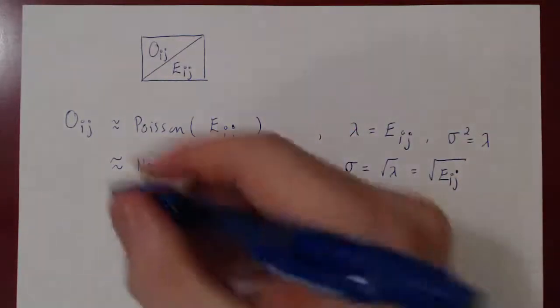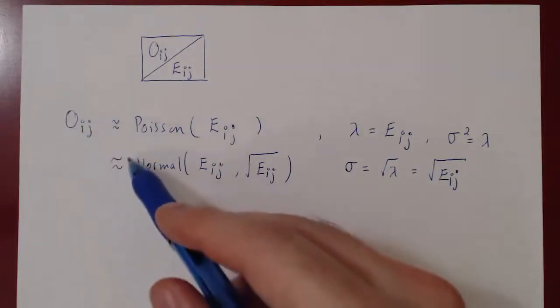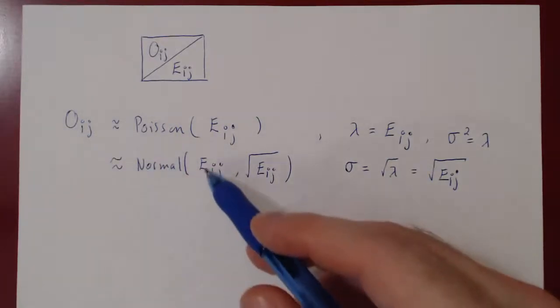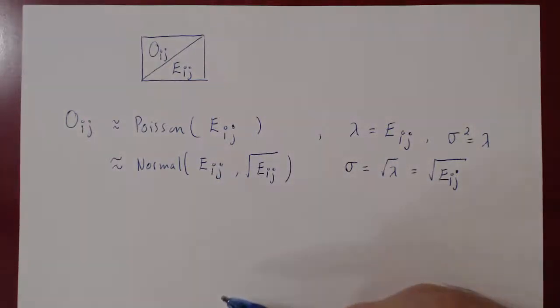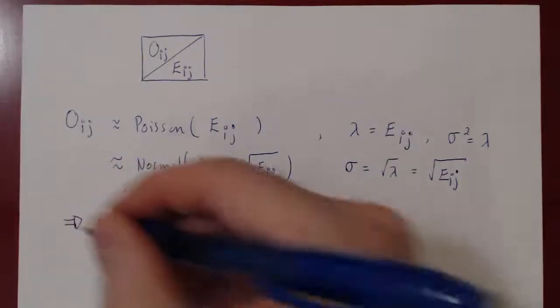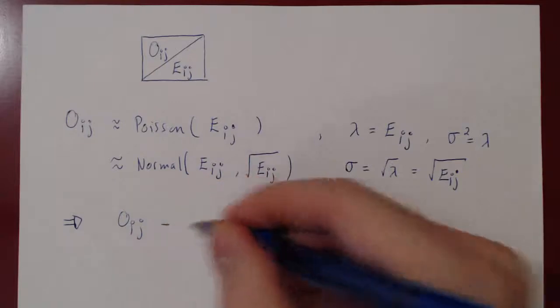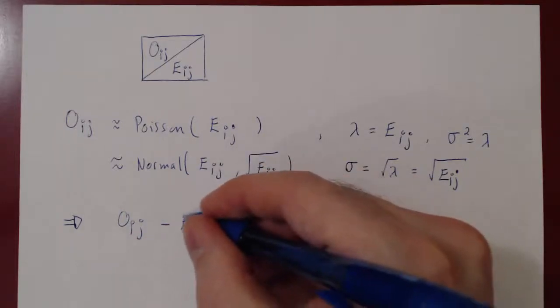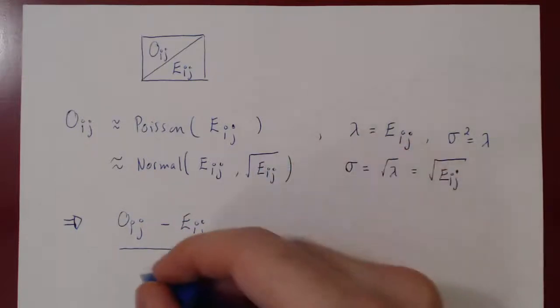Now we're good to go, because our observed value follows approximately a normal distribution, and we have the mean and the deviation from the assumption of H0. We can now standardize and construct approximately a standard normal random variable for each cell. If we standardize, we take the observed value, subtract the mean, so minus EIJ, and divide by the deviation, the root of EIJ.